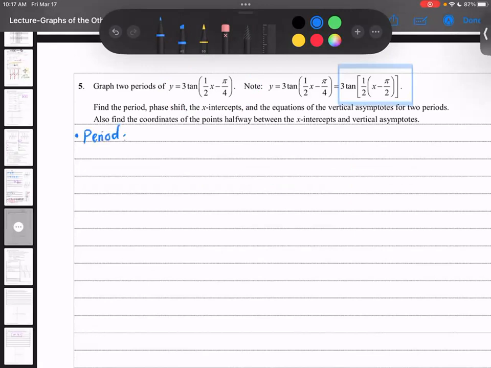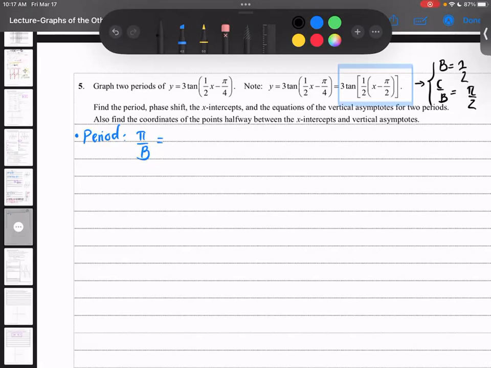Bullet point 1, the period is pi over b. From this one, you can get some information, right? What is b in this problem? Half, and then c over b is pi half. Let me ask you a question.